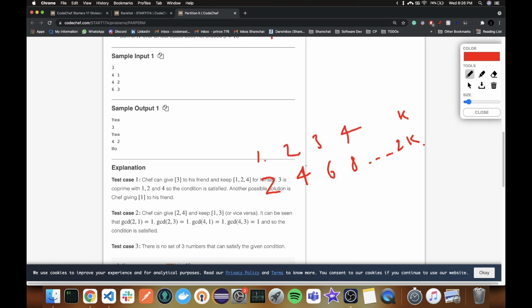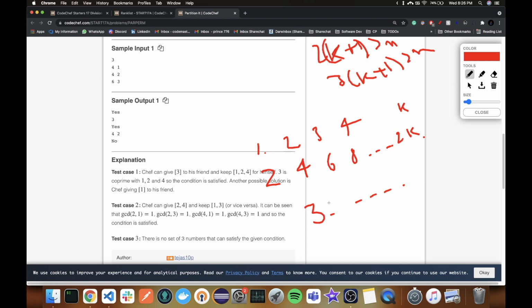That means I have to choose now multiplier of 2, multiplier of 3. So I've already chosen 2, so 3, 4 up to k. Now 3 can go up to some value, but that won't increase k. Because if 2k plus 1 is greater than n, then obviously 3k plus 1 is also greater than n. It's obvious.